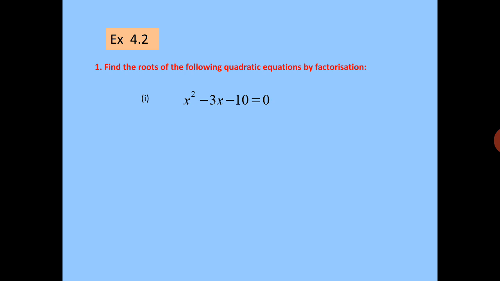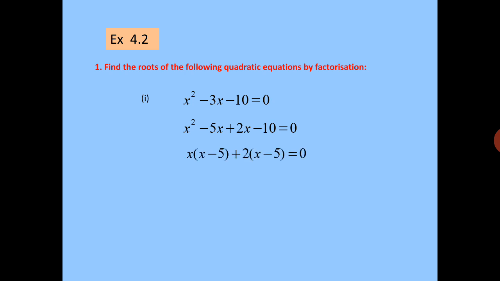Children, when we proceed with the splitting the middle term method, what we do is we find the product of a and c. Here a is 1 and c is minus 10. So your AC comes out to be minus 10. Then you will find out its factors. The factors can be minus 5 plus 2 because when you add them, you get the middle term, that is minus 3.